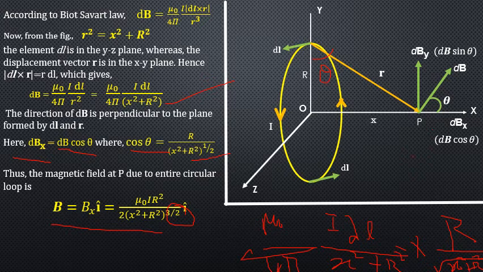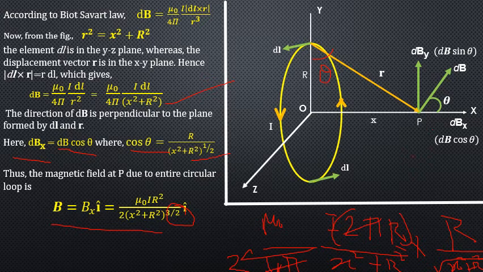Now, where does this dl go? Since we are finding the net magnetic field, we are integrating dl over the complete length of the loop. When I integrate dl for the entire length, it is equal to the circumference of our loop, that is 2 pi r, since its radius is r. So the 2 pi here gets cancelled and only 2 remains because it is 4 pi.